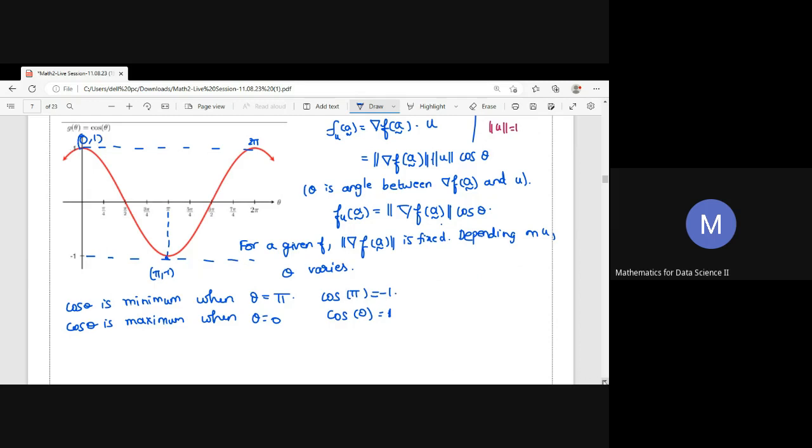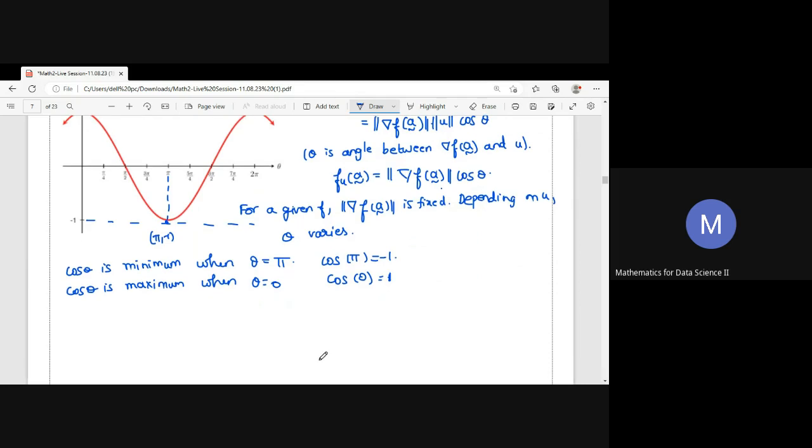Fine. Now let us come back to this expression fu of A tilde. What did we want to find? We wanted to find the direction in which the minimum value is attained. We already know that this function varies depending on the value of theta. So can you tell when the function attains its minimum value? It's in the opposite direction of the gradient.